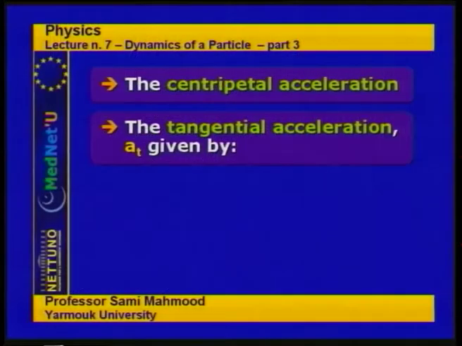And the second component is the centripetal component, which is the radial component, and that component is responsible for curving the path of the particle to make it go around a circle. So the centripetal acceleration is responsible for curving the path of the particle, while the tangential acceleration is responsible for changing the magnitude of the velocity.